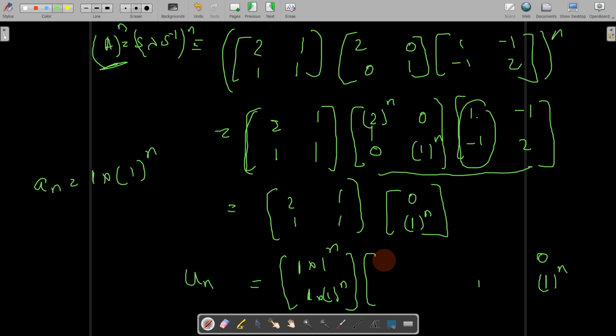So we have to multiply it with 2, 1, right? Then only you will get un, and un was our a n plus 1 and a n, the n plus 1th term and the nth term. So from here we get the nth term as this 2 into 1 whole, multiplied by 2, right?